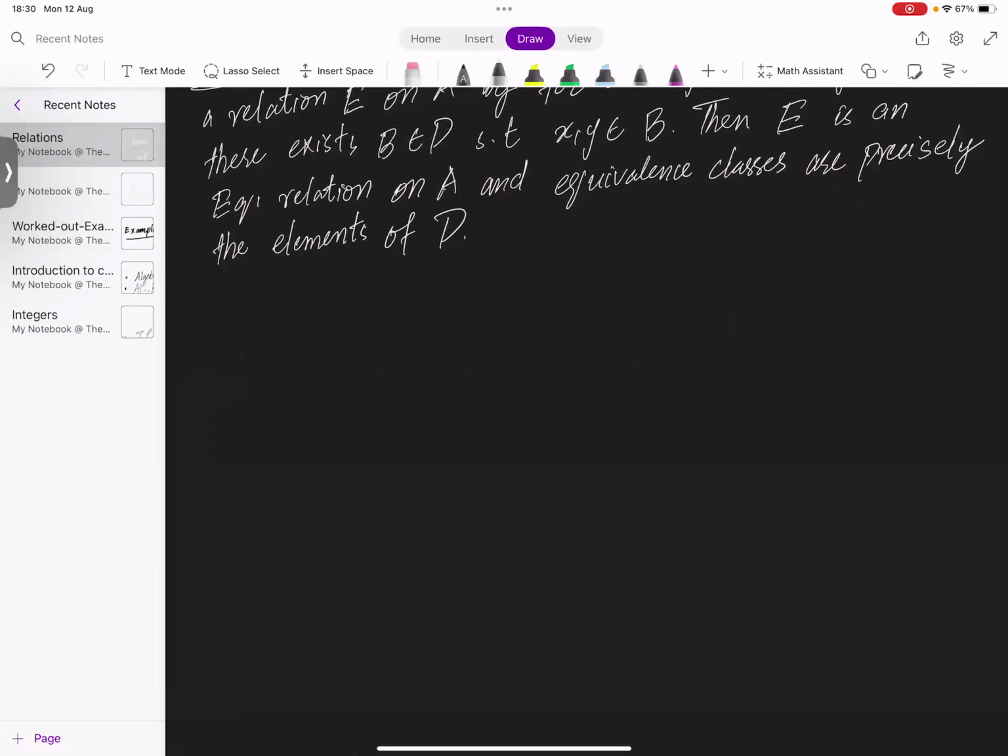We can talk about the equivalence relation in this theorem.